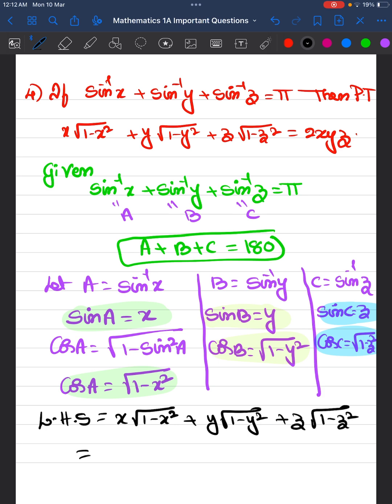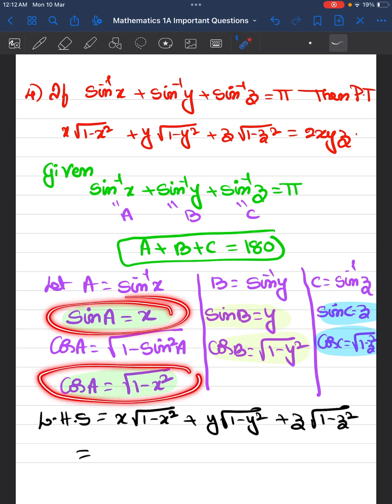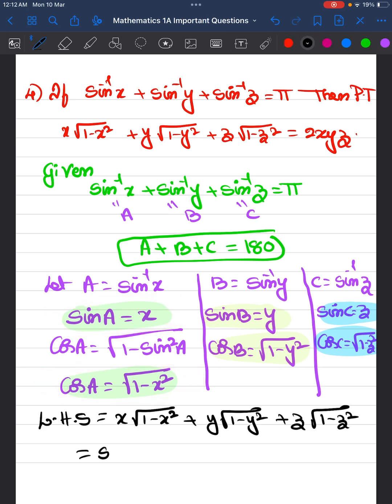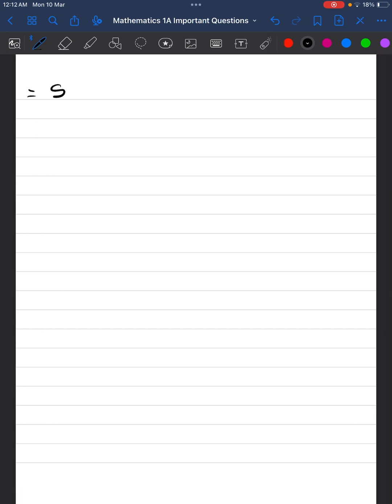Already we got the value of x: just now we highlighted sin A value as x and root 1 minus x square as cos A. So I substitute this as sin A and this will become cos A. Again y will be sin B, root 1 minus y square will be cos B, and plus again this will be sin C and cos C. We got it as sin A cos A plus sin B cos B plus sin C cos C.